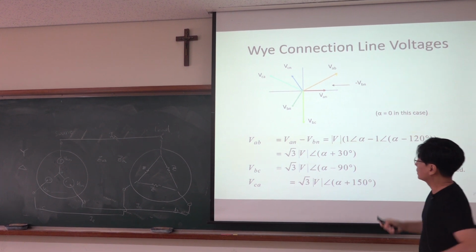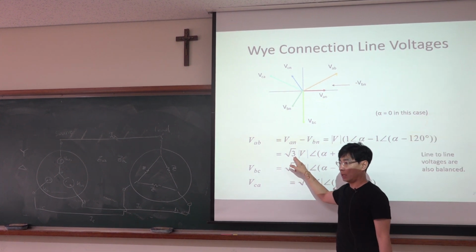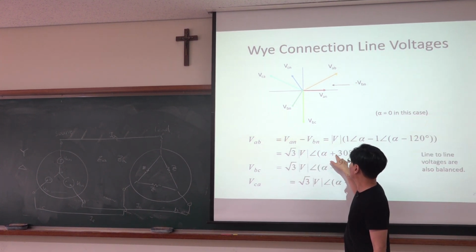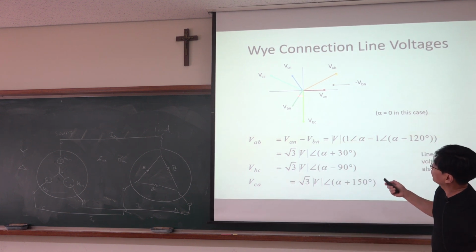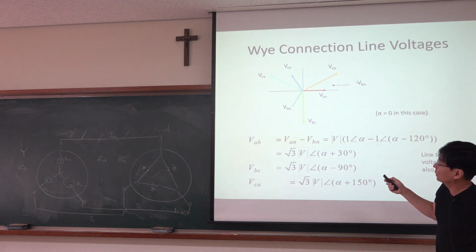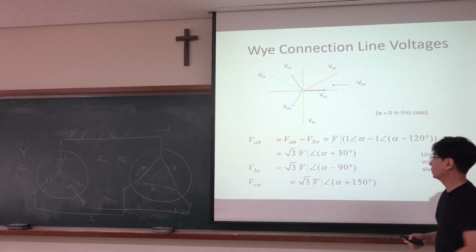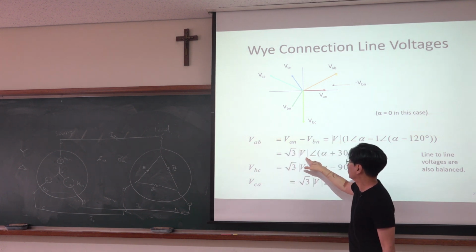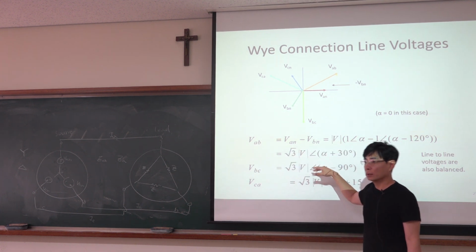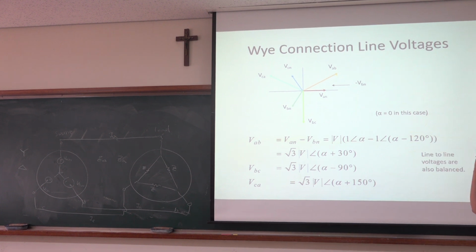The magnitude is square root 3 times the phase voltage, and the angle is alpha plus 30 degrees. Visually you can see this angle is 30 degrees, right? So the line voltage is related to the phase voltage by square root 3.